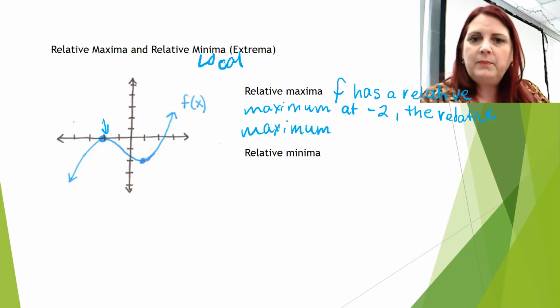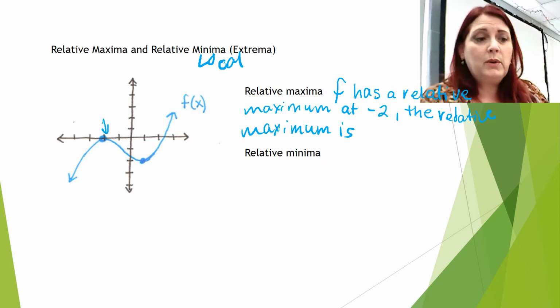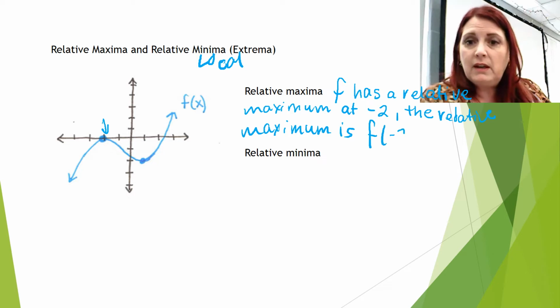And how high does that go? On the y-axis, it only goes to 0. So the function at -2 is 0.